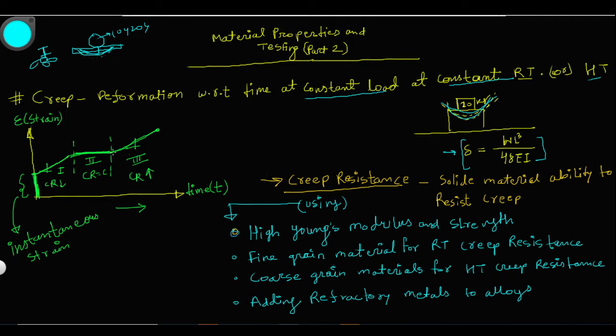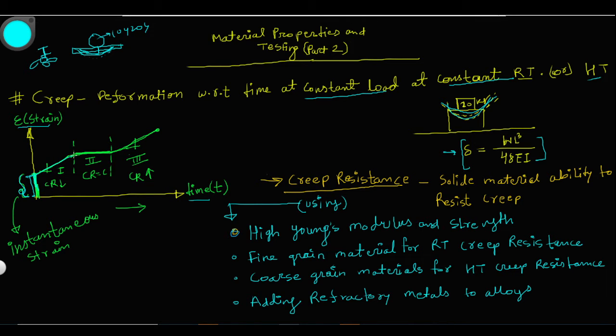For example, if you draw a strain versus time graph for a creep material, just after placing the load on the material, there will be instantaneous deformation. So this much is the instantaneous strain in the body due to placing the load. And after the load is placed for a long period of time, there will be an increase in strain over time.